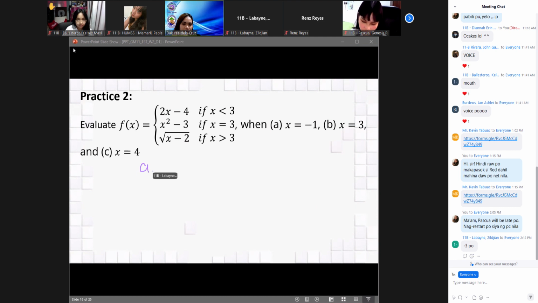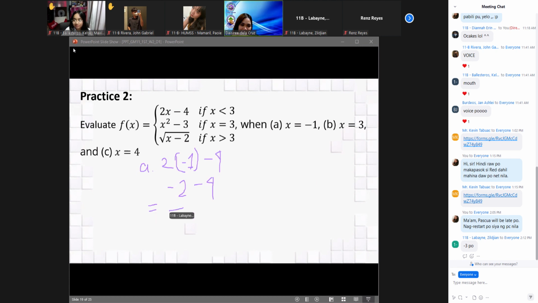Kaya? Okay, binalikan niyo pa yung equal sign.